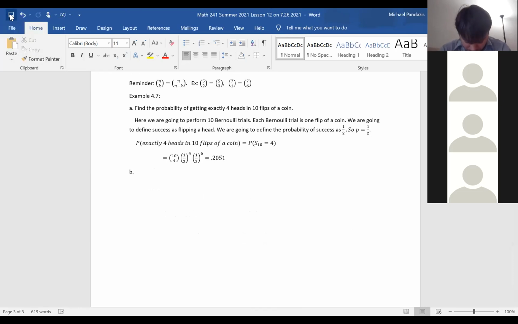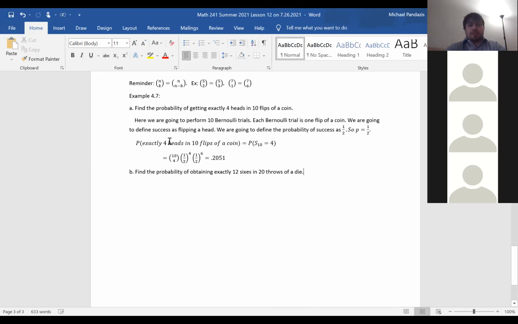Okay. Find the probability of obtaining exactly 12 sixes in 20 throws of a die.